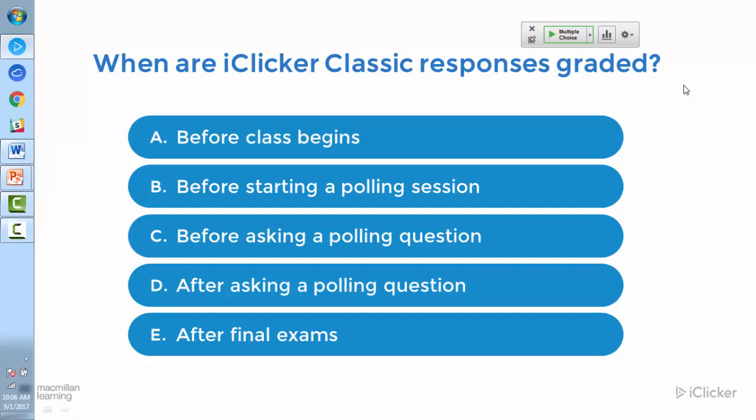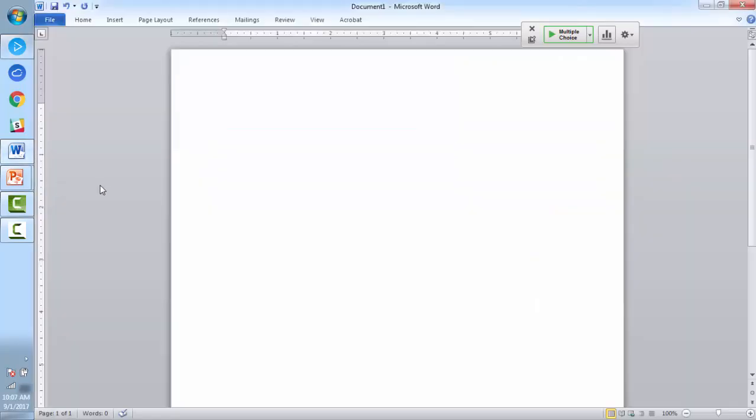iClicker Classic also gives you the opportunity to ask questions completely on the fly. I'm going to open up a document in Microsoft Word and simply type in a question. So here you can see this is just document 1 in Microsoft Word.